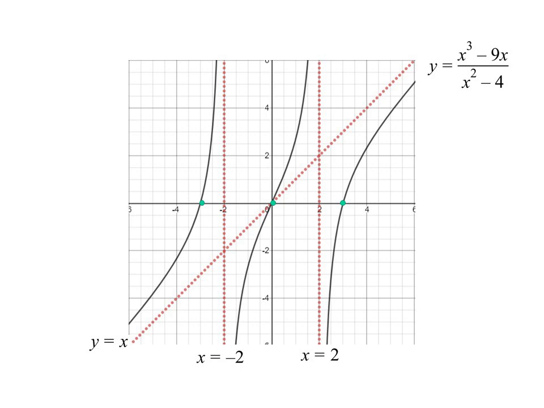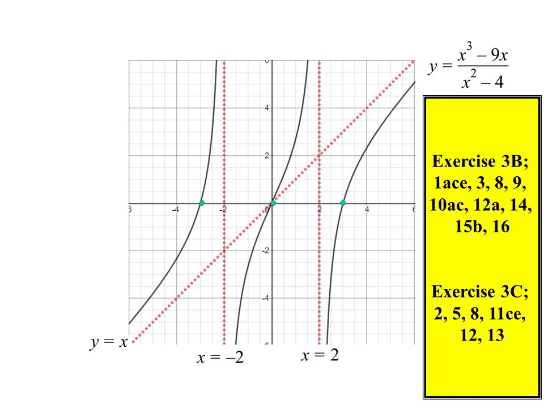And when I go to the middle one, again, it's got to go through the origin and bend towards these. I suppose it could have done the reflection of that. That's just a matter of testing a point to see whether it is positive or negative to see where that curve goes. And then by the rotational symmetry, I know that it must do this on the right-hand side. So we'll add 3b and 3c to our exercises.